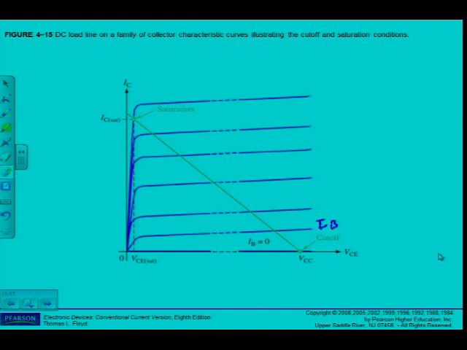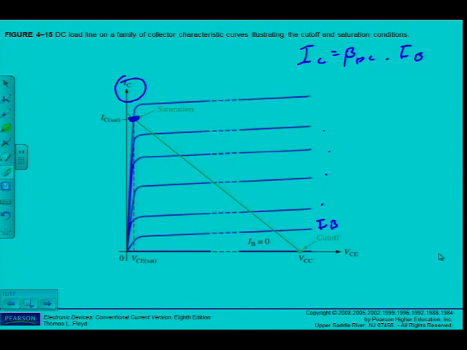As I increase IB, say 5 microamps, 10 microamps, 20 and so forth. And as I increase IB, I can see also that IC increases because of my formula. IC is equal to beta DC times IB. Alright, and as we've seen, only up to a point, which is the saturation point.